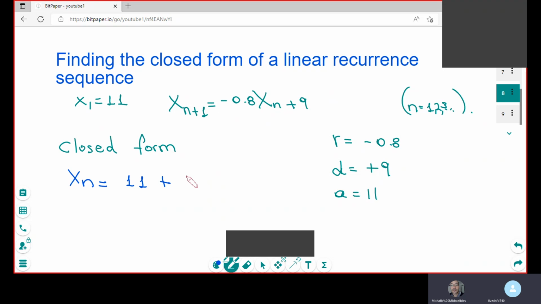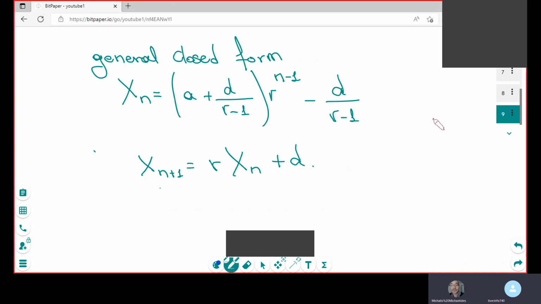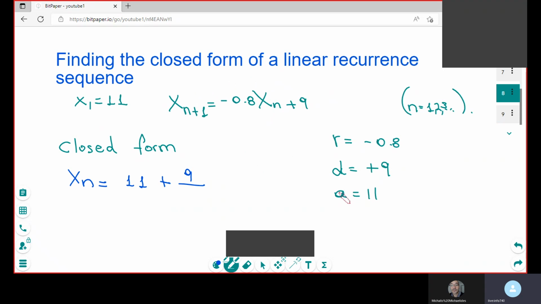Then d is plus 9. Okay, so I can write this as 9 over r minus 1. So the r here is the number in front of the x, which is the gradient normally. So the r is minus 0.8, take away 1.